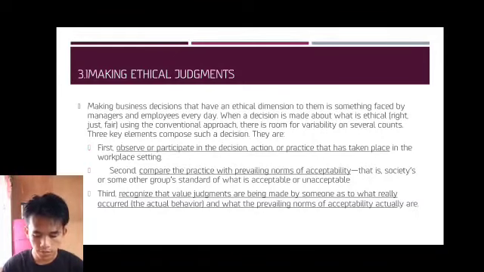Second, compare the practice with prevailing norms of acceptability, that is, society's or some other group's standard of what is acceptable or unacceptable. Third, recognize that value judgments are being made by someone as to what really occurred, the actual behavior, and what the prevailing norms of acceptability actually are.